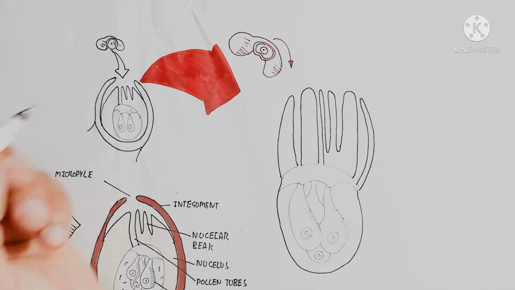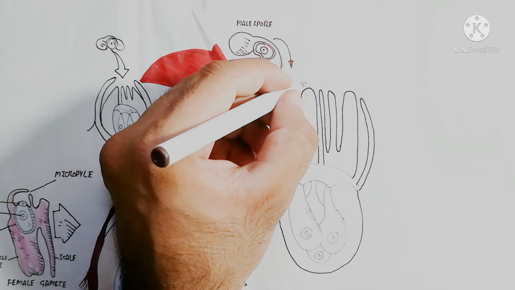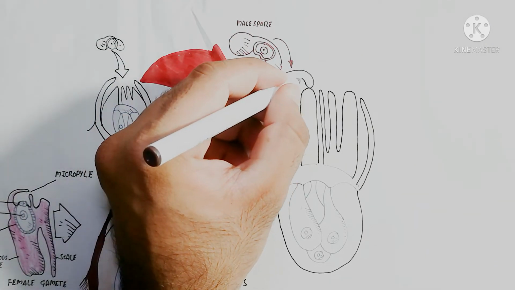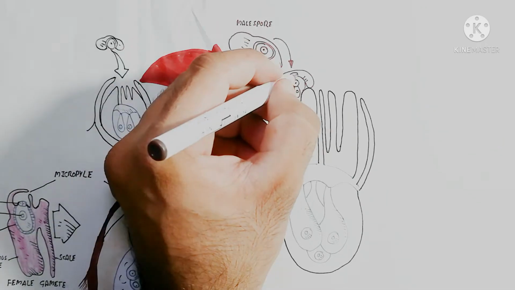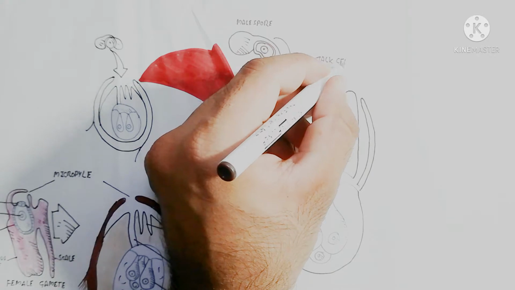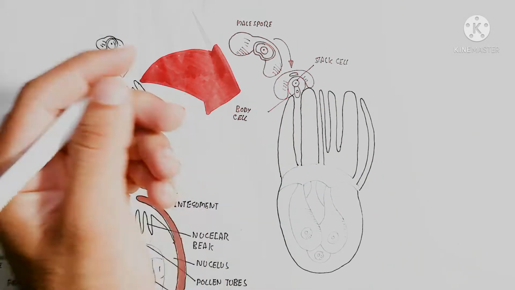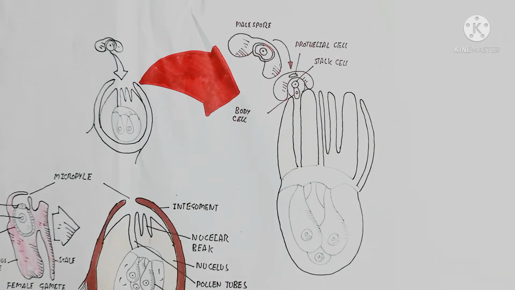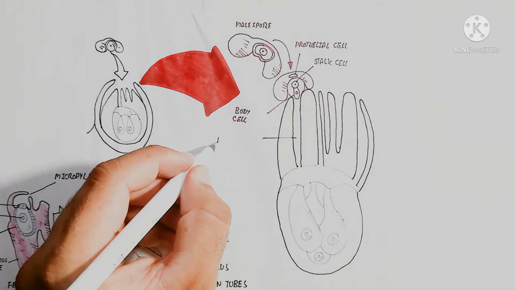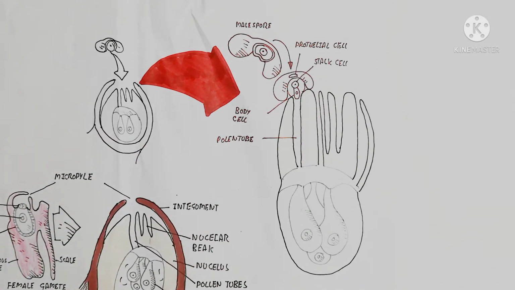The pollen chamber is where the wing-containing male gamete will be attached, and after this attachment many changes will occur for the movement inside.